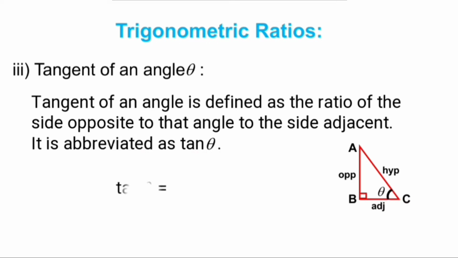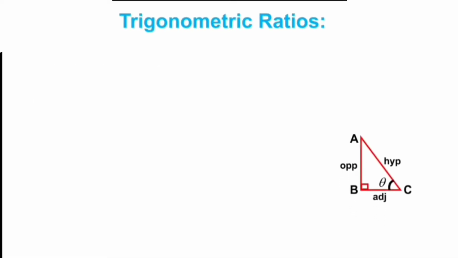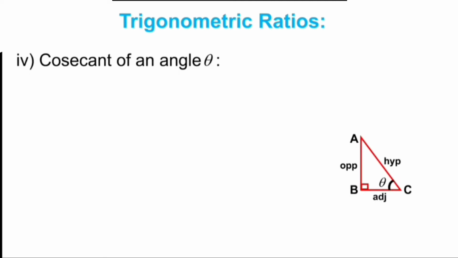Therefore, tan theta is equal to opposite side by adjacent side. From the figure, the opposite side is AB and the adjacent side is BC. Therefore, tan theta is equal to AB by BC. Children, the next one, cosecant of an angle theta.